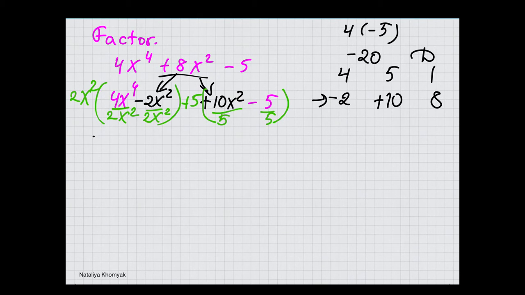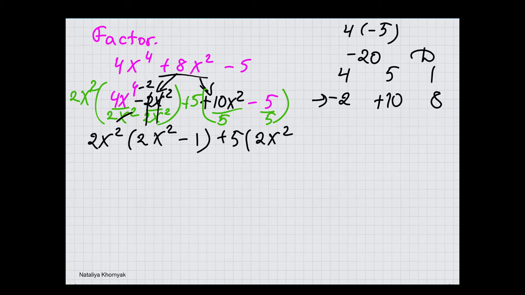Now we have 2x to the second times 2x to the second minus 1 plus 5 times 2x to the second minus 1.